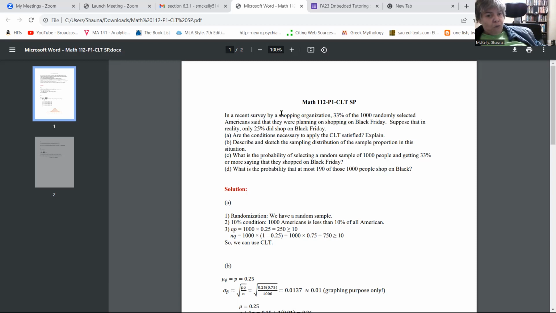In other words, is it likely that this organization surveyed more than 10,000, that they picked from, not selected, but they picked from more than 10,000 people? They picked 1,000, but is it likely that they had more than 10,000?